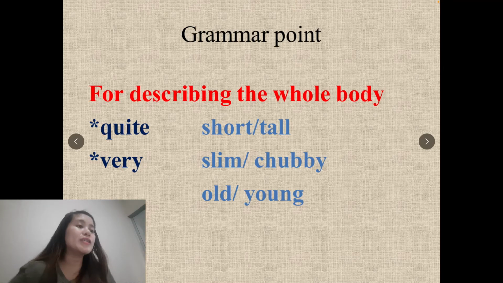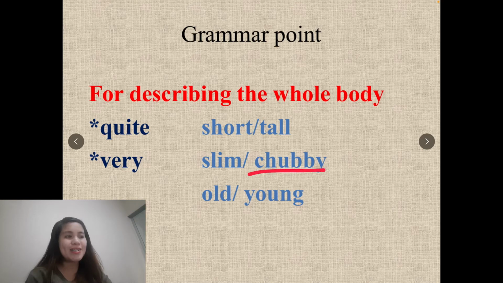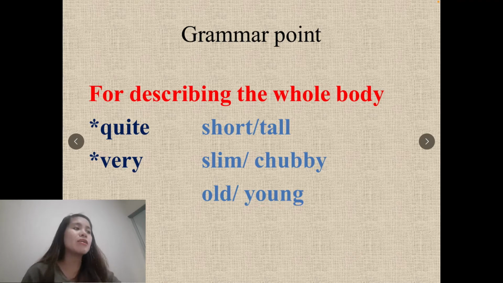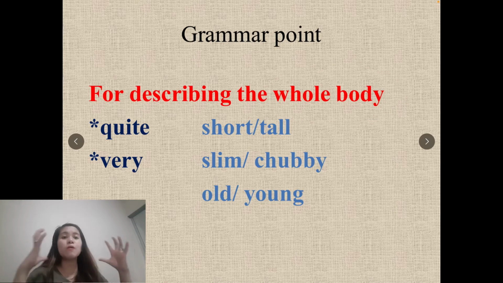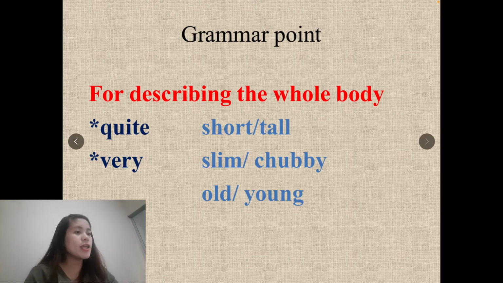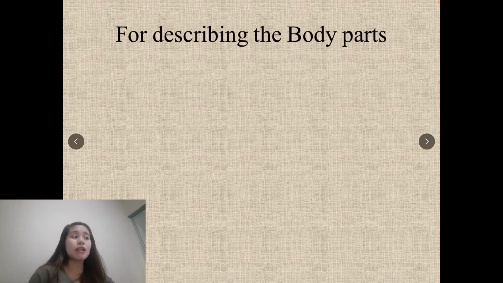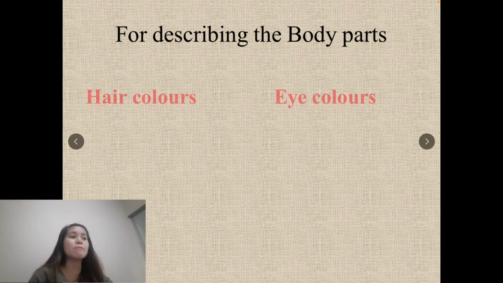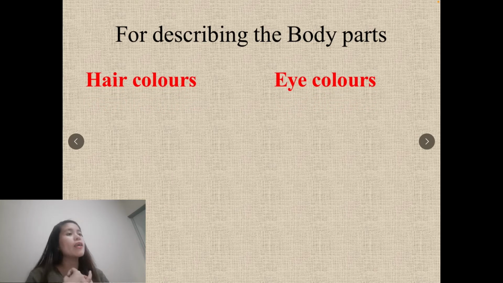Okay, so we say quite short, quite tall, very slim, very chubby, very old, or very young. So that is when you describe the whole body or the whole object. Okay, and then for describing the body parts, remember we have the hair color and the eye color. So that is basic.